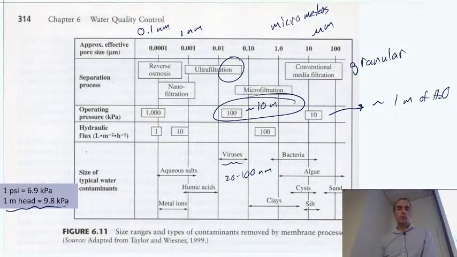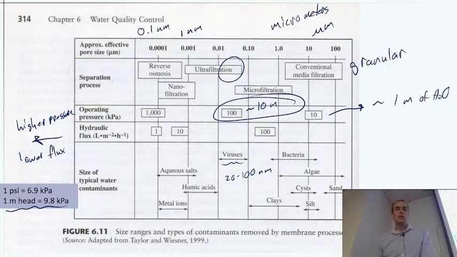So as we go this way, higher pressure and lower flux. And if we go the other direction, of course, we can get more flux with less pressure.